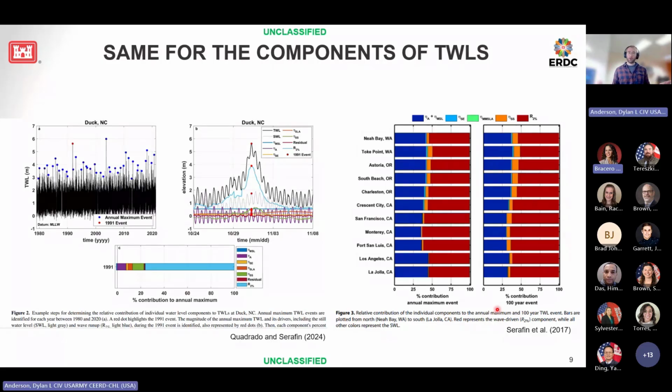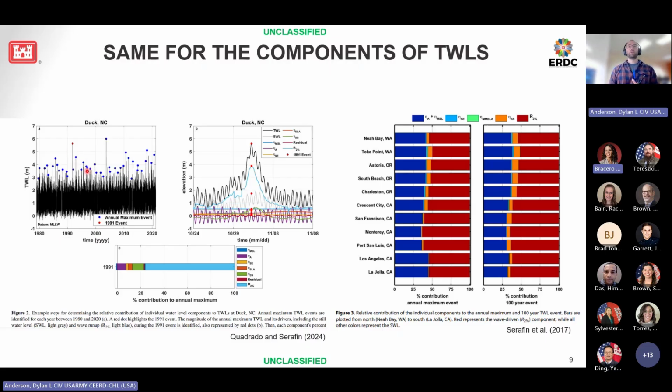And this is not just a morphology or a wave energy problem. This is true for every component of what our meteorological and oceanographic conditions could be. So in this example, I'm just trying to highlight that it's more than just waves and water level. On the left-hand side, this is a figure from a recent paper in 2024. You're looking at a total water level time series from the last 45 years.